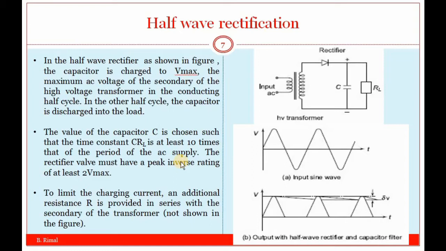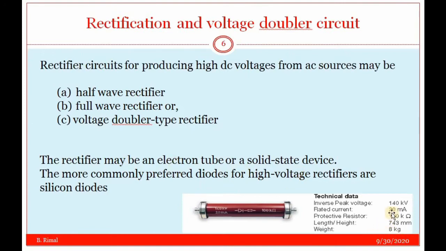Similarly, to limit the charging current, an additional resistance R is provided in series with the secondary of the transformer. Here it is not shown, and generally the high voltage diodes also have several kilo ohms of resistance, as we saw in the previous slide. In its specification, you can see its inverse peak voltage rating, and also its resistance of 100 kilo ohm.